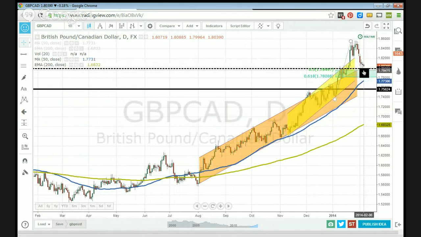Now this ended up being support. It certainly looks like the market is treating that as support. However, I would like to see at least one red candle before I take any action on Pound Canada.